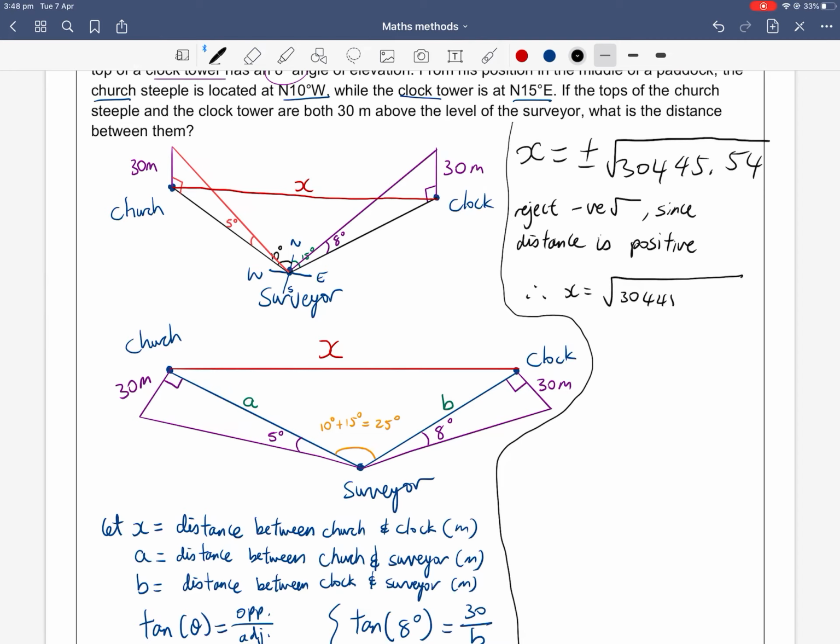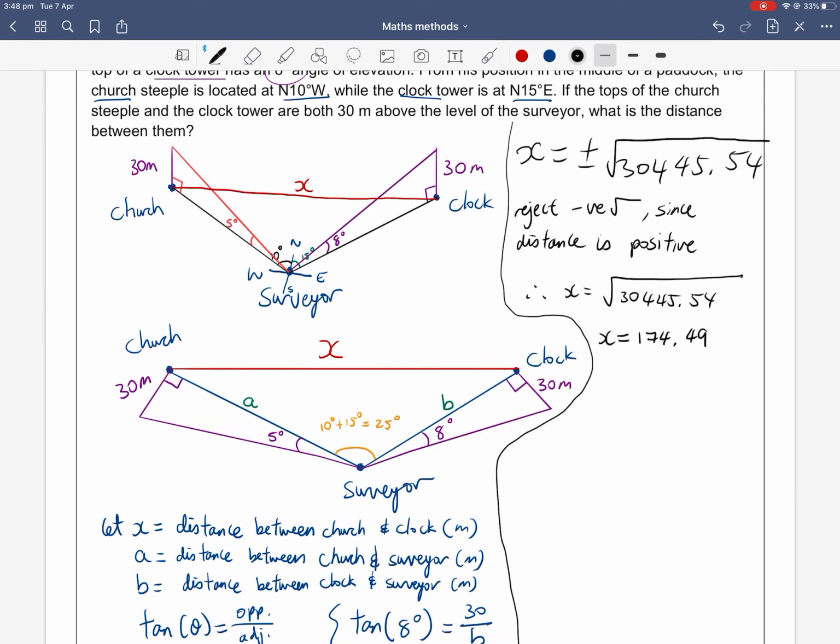So in other words, x is the positive square root of 30445.54. Using a calculator, that's approximately 174.49.